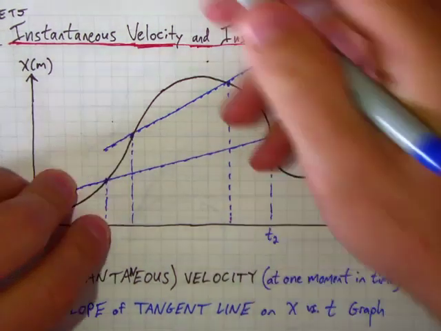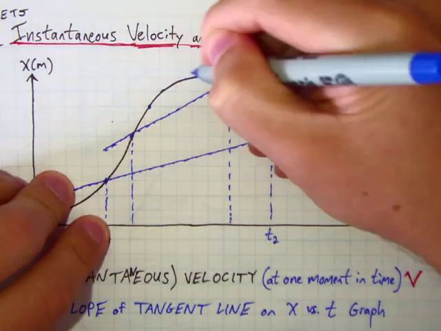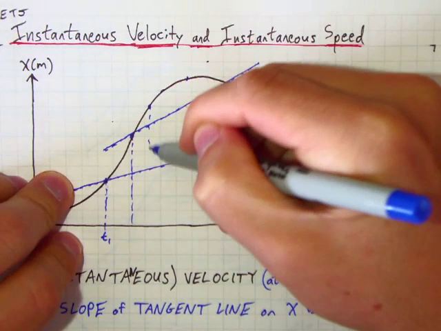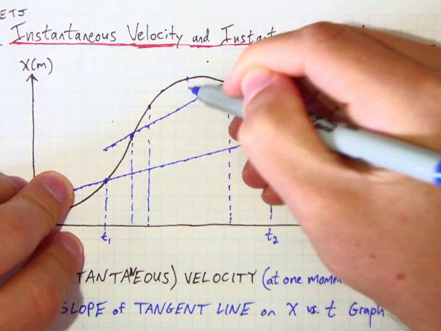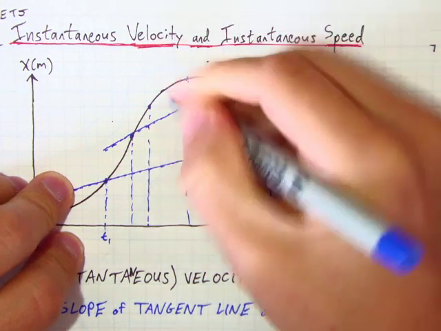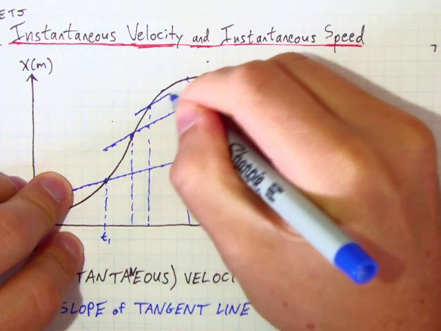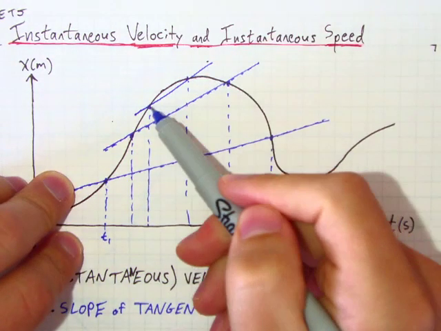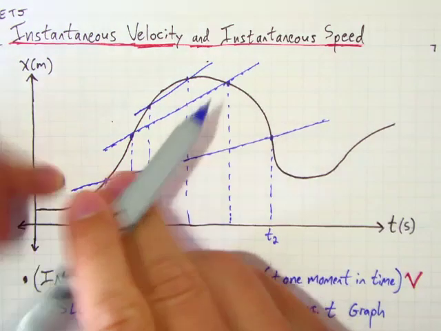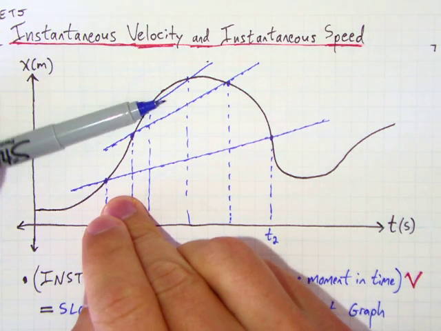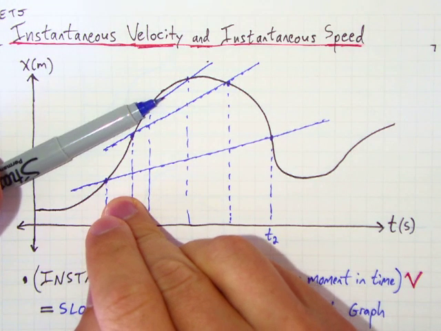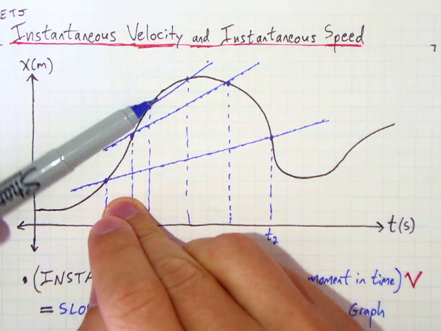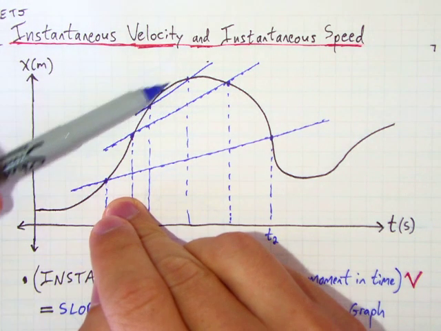Let's look at 2 points even closer together, say here and here. These 2 events, and draw the line connecting them. Now this average velocity is an even larger, more positive value, and it actually looks pretty close to the black curve right there.